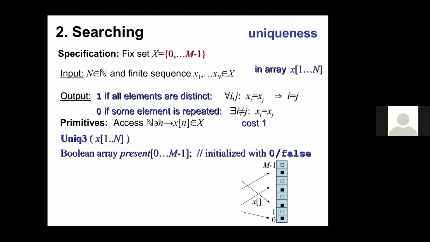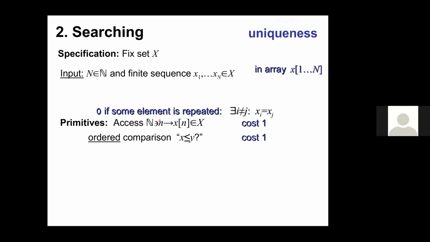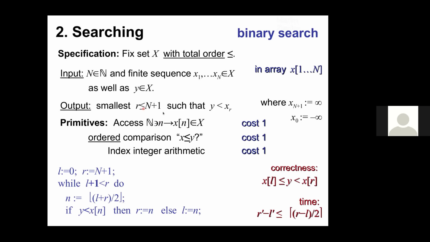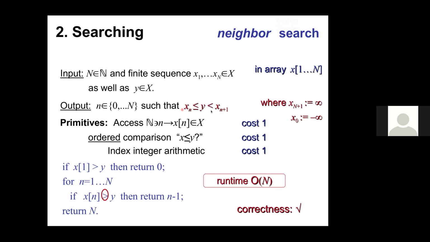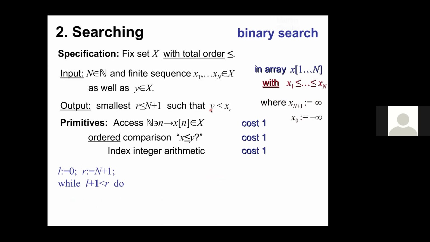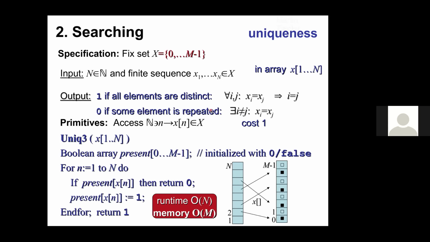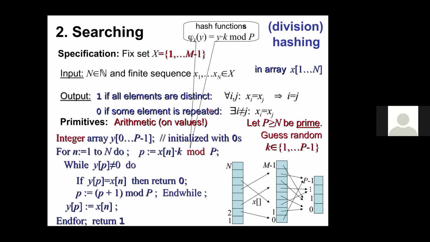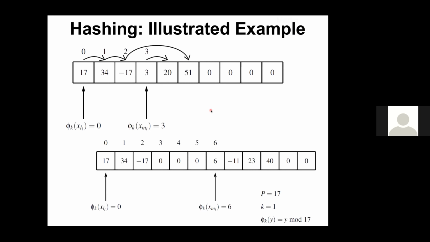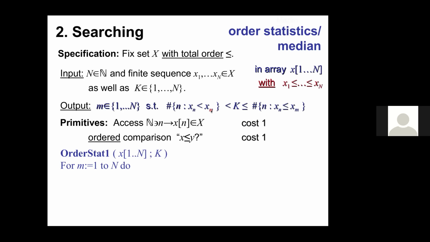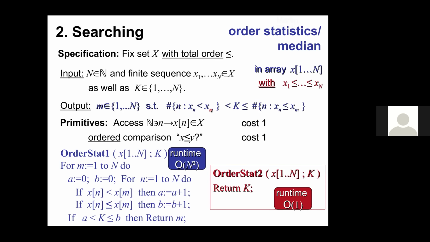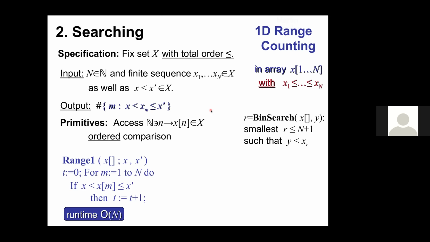So I can find this element r, with r equal to n plus 1, where this is satisfied. Then I use this algorithm bin search.